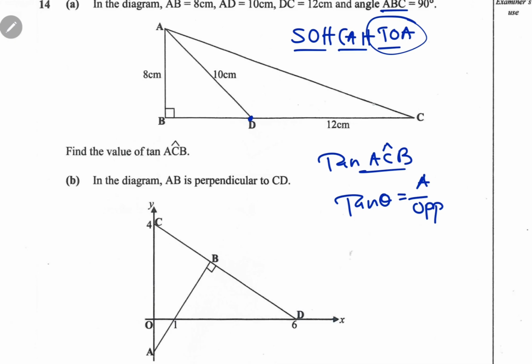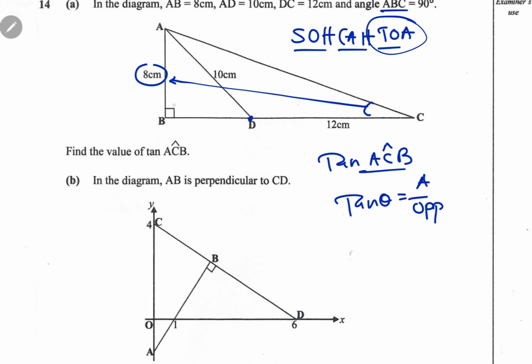Since we are told this angle, this is not a right-angle triangle, so we cannot deal with this triangle. We are going to deal with the whole triangle because that's what makes it a right-angle triangle. So the opposite is this one, 8. Now the adjacent is this part, then the hypotenuse the other side.